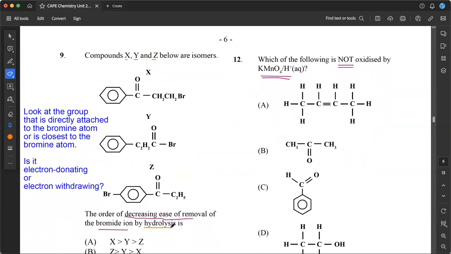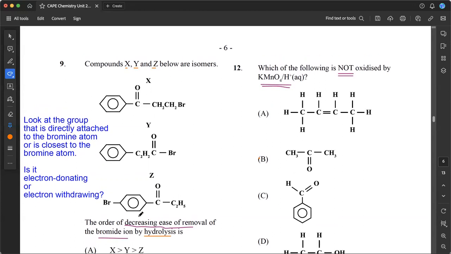So we're going to add water, and then which one of these is going to be the easiest to remove the bromide ion from? And they want us to show the order of decreasing ease, right? So where will it be easiest to remove it from? And then where will it be the hardest to remove it from? So we have to look at the group that is directly attached to the bromine atom, or the one that's closest to the bromine atom.